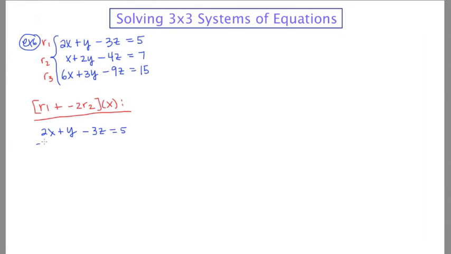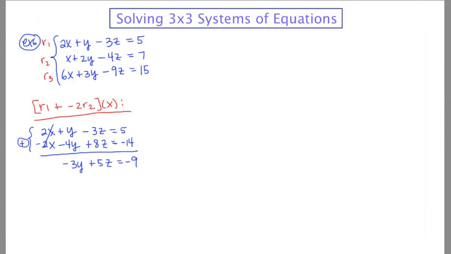So that would be negative 2x minus 4y plus 8z equals negative 14. Okay, when I add down at this time, the x's are eliminated, and I get negative 3y plus 5z is equal to negative 9.